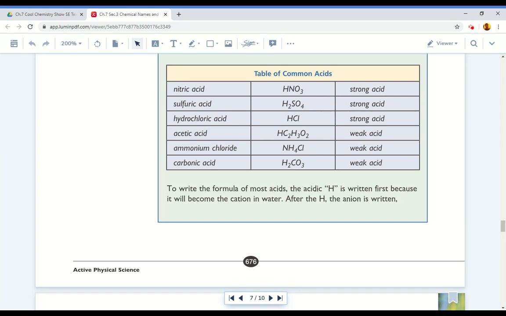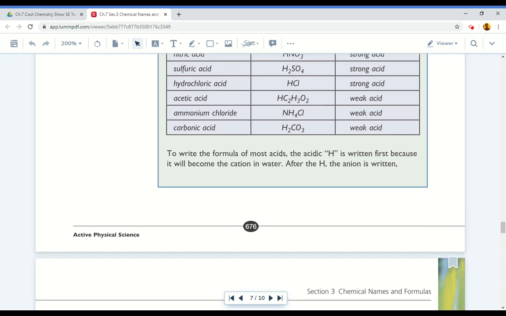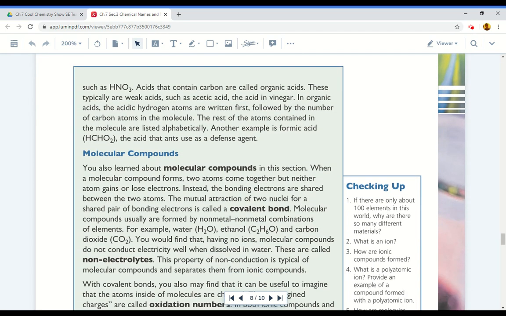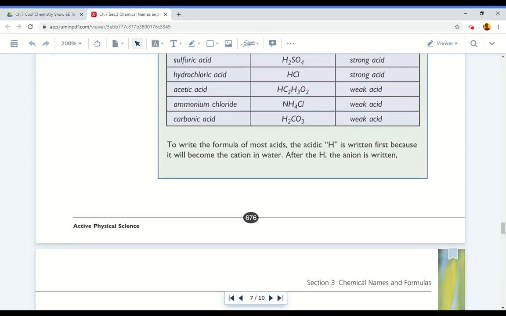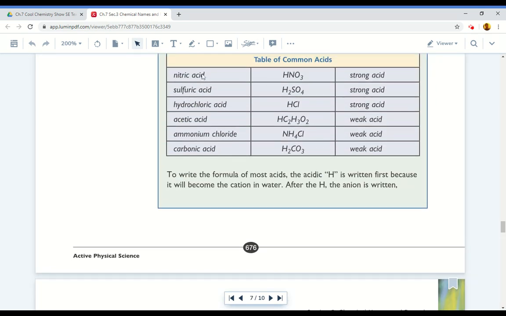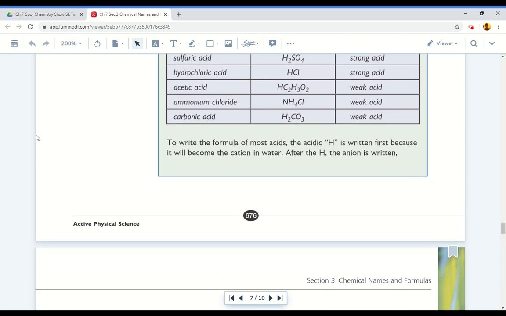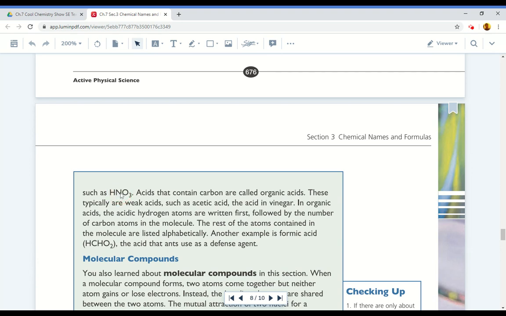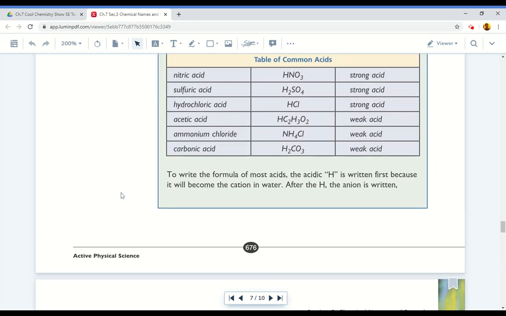After the H, the anion is written, such as nitric acid, where you have the cation written first, and then you have the anion written after. So that's what they're referring to when they said such as nitric acid.